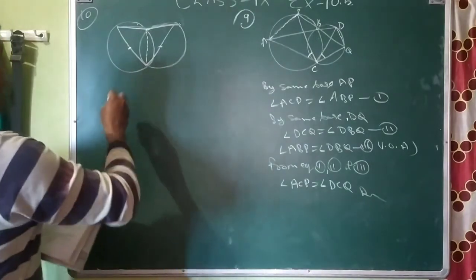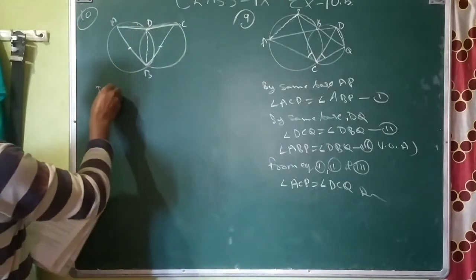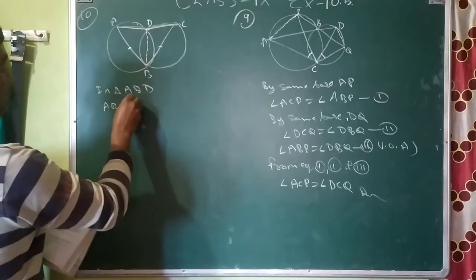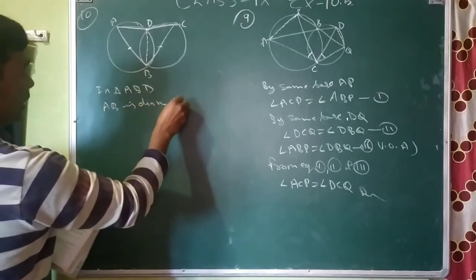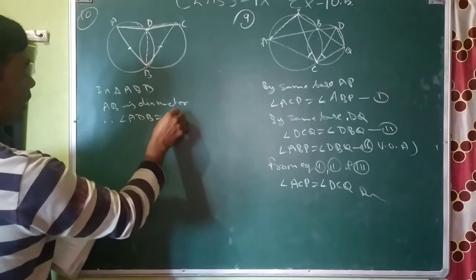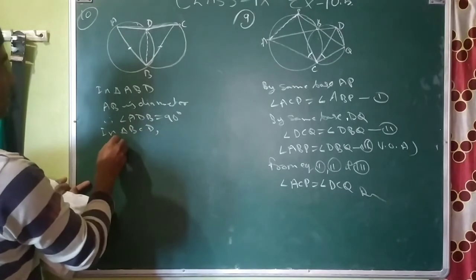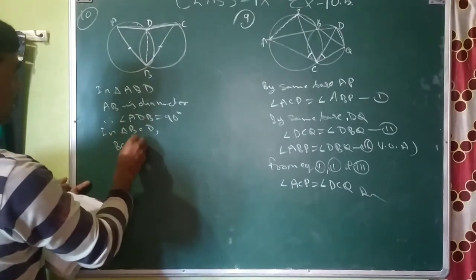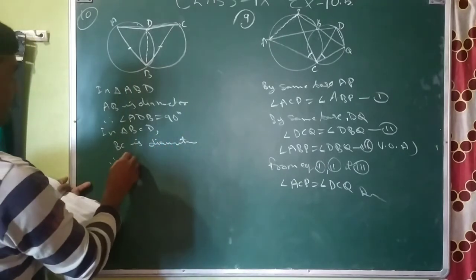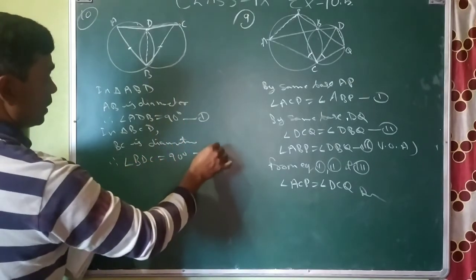So in triangle ABD, AB is diameter, so angle ADB is equal to 90 degrees. In triangle BCD, BC is diameter, so angle BDC is equal to 90 degrees. That is the first, that is the second.